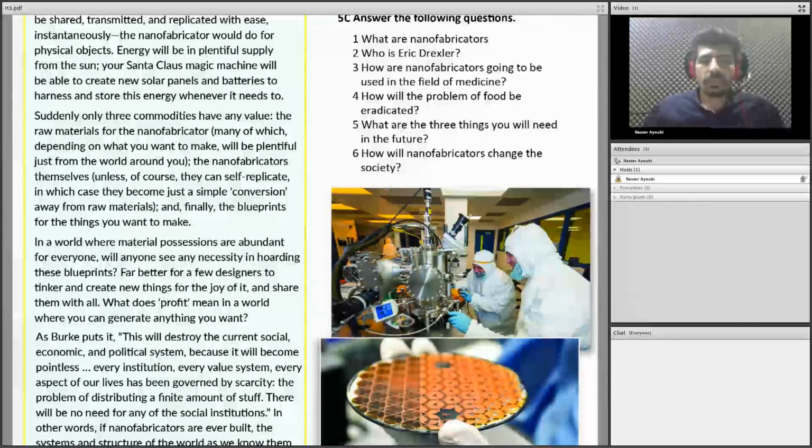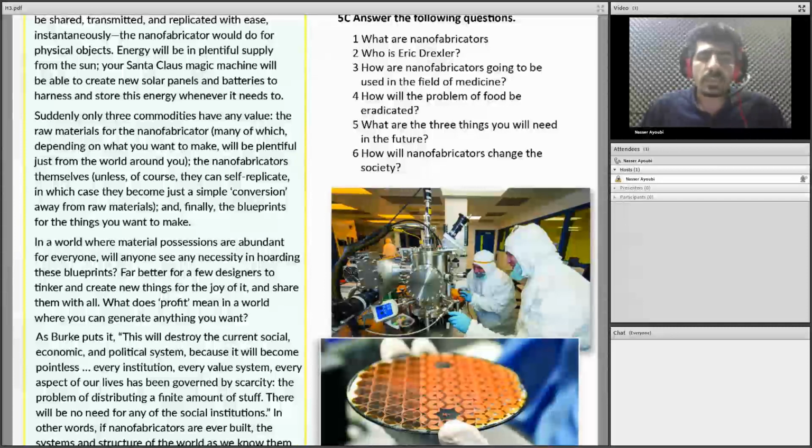Conversion is the noun form of convert, meaning change. So if they produce themselves, they will become something like raw materials with a small difference.